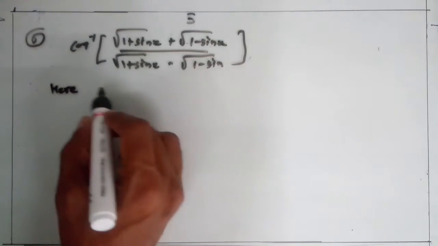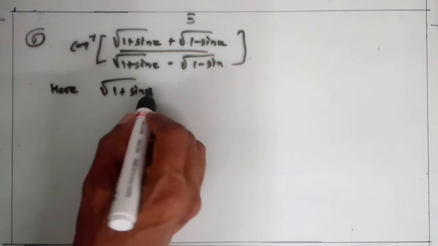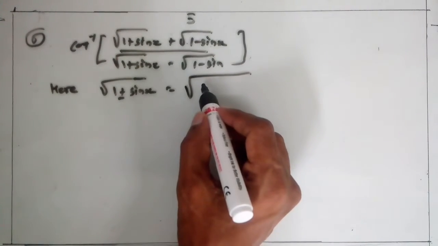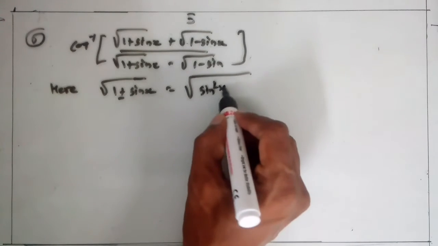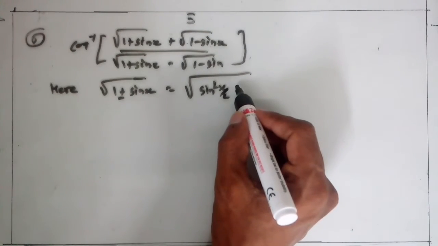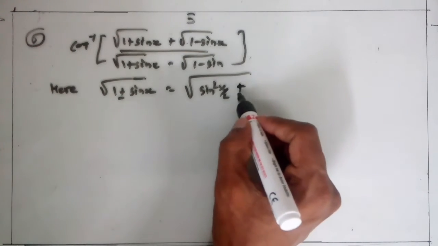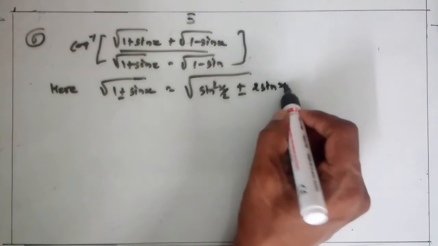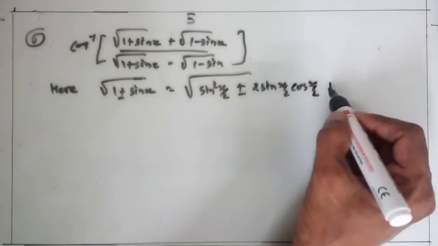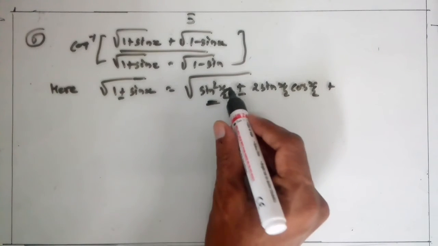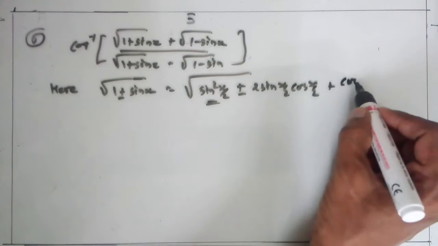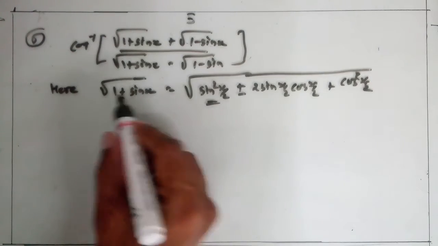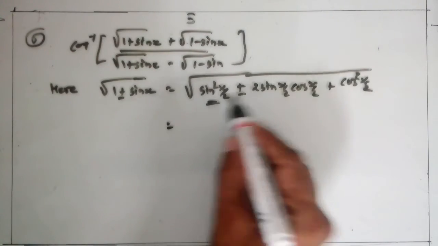Here, root of 1 plus or minus sin x: we change 1 into sin and cos form, sin² x/2 plus cos² x/2, plus or minus sin x changed by the half angle formula into 2 sin x/2 cos x/2. Because sin² plus cos² is equal to 1, this becomes a perfect square.